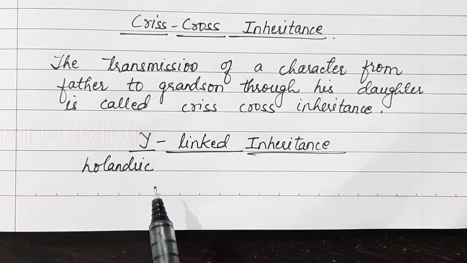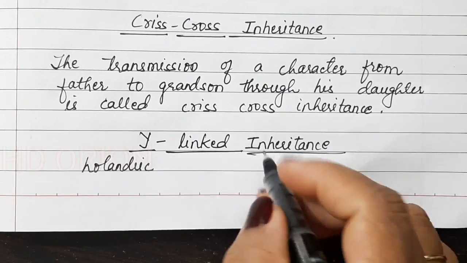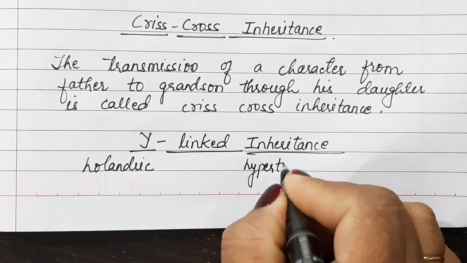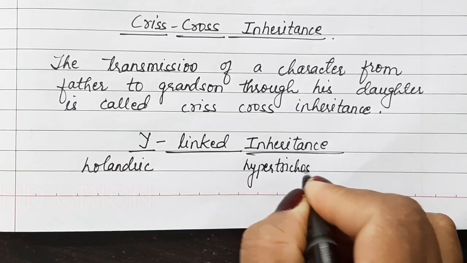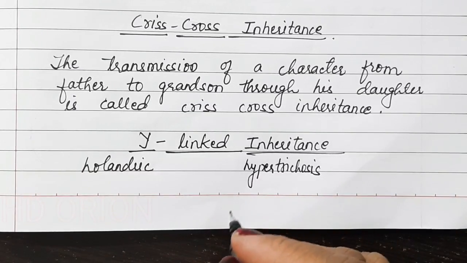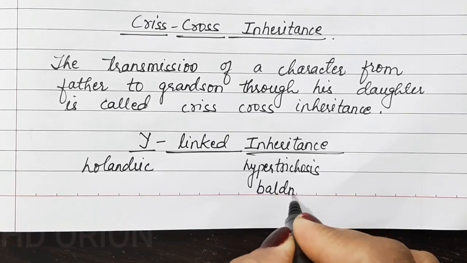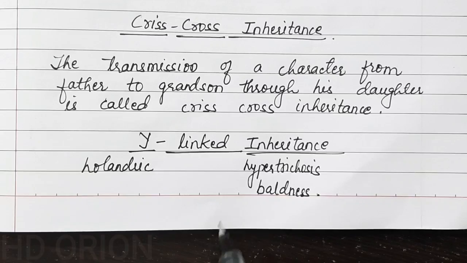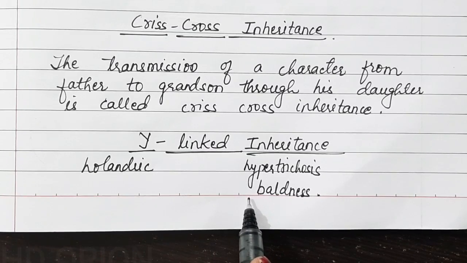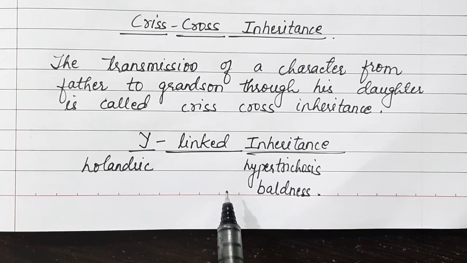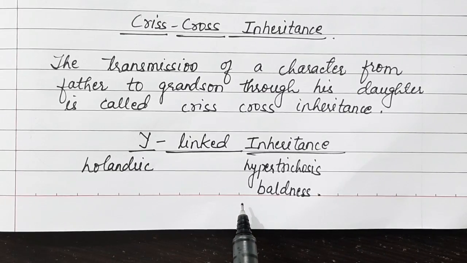The most common characters linked with it are the presence of hair on ear lobes, which we call hypertrichosis, and loss of hair from the head, that is baldness. So these characteristics are seen only in males because the genes are present only in the Y chromosome. They would never be seen in females.